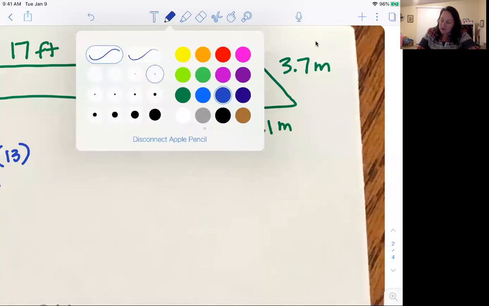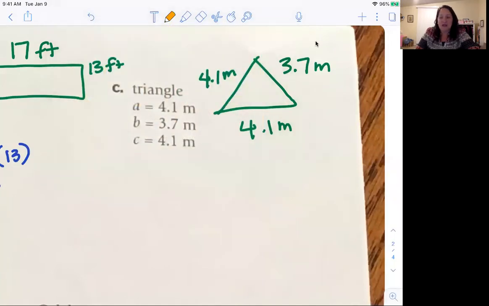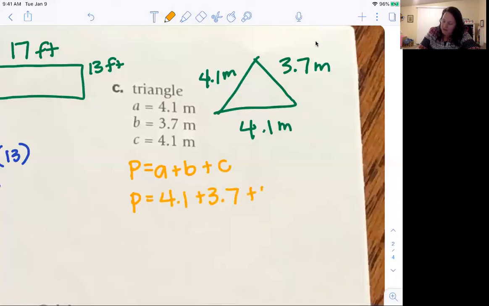Now triangles are a little tricky, but guess what? All you have to do is add up all the sides. So P equals A plus B plus C. Does it matter which side's A, B, and C? Not really. P equals 4.1 plus 3.7 plus 4.1. Now, sometimes I don't trust myself to add horizontally, and I'd much rather do it vertically. So I'm going to add these up vertically. When you add vertically with decimals, make sure you're lining up the decimals.